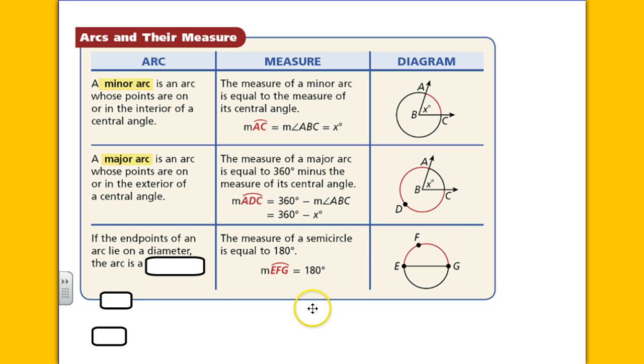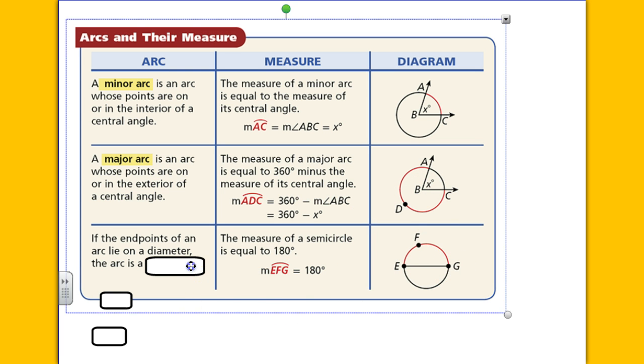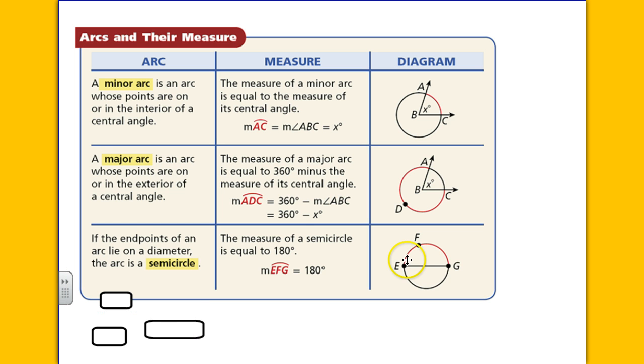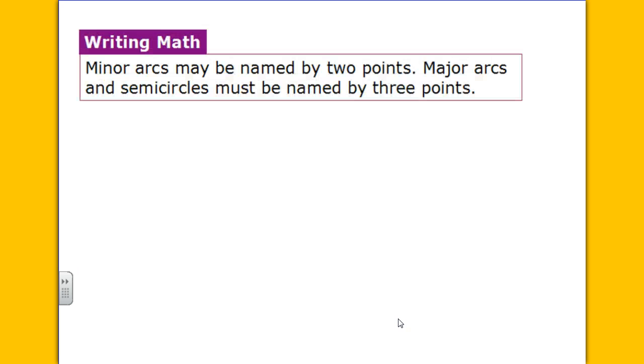If the endpoints of an arc lie on a diameter, then the arc is a semicircle. We have arc EFG, and that is equal to 180 degrees, right? And EG, this other arc, is also a semicircle, also equal to 180 degrees.